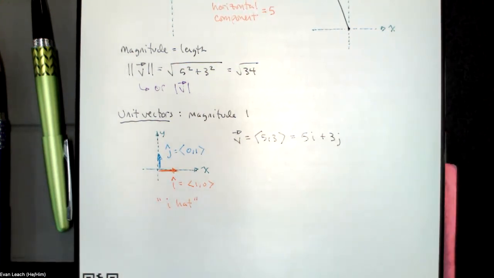I'm already not drawing paths. This is why we're using these components. This is why we use these coordinates. It's really easy to find these locations.